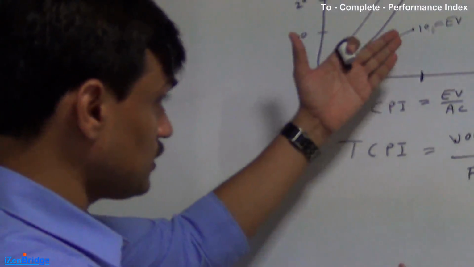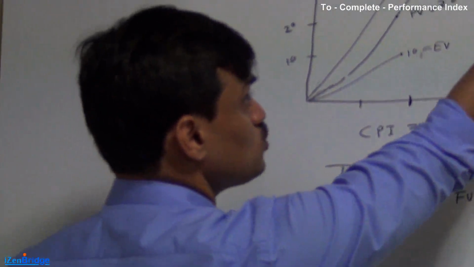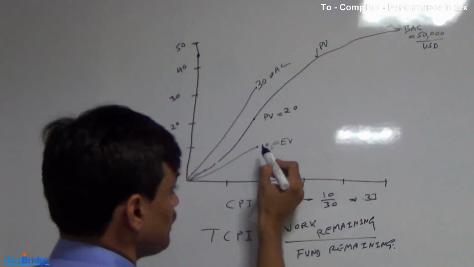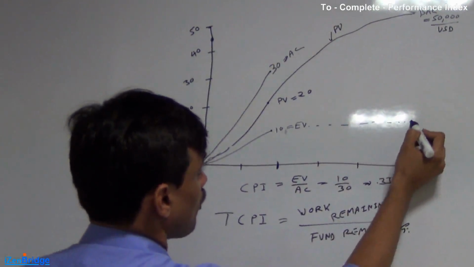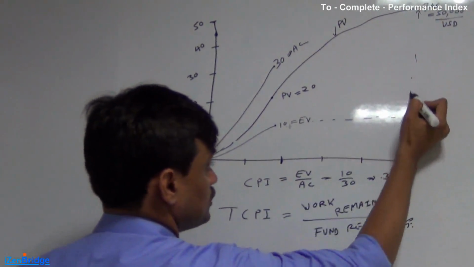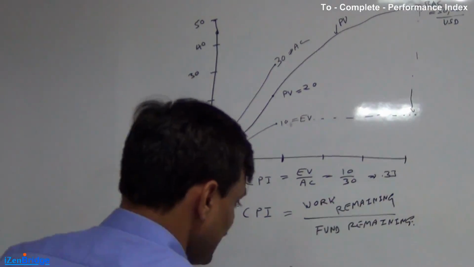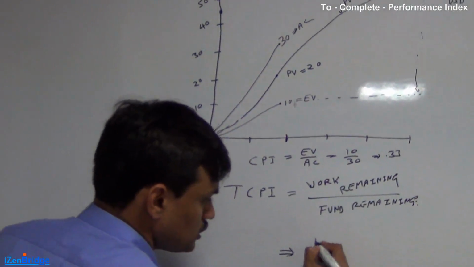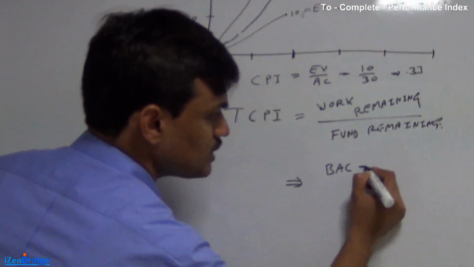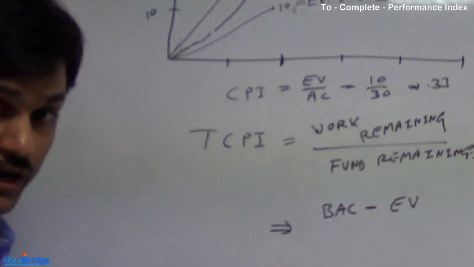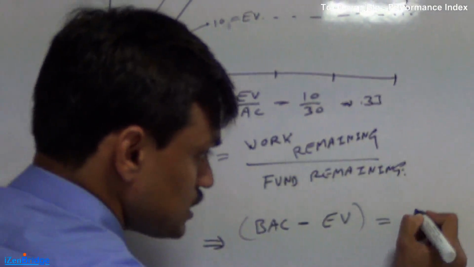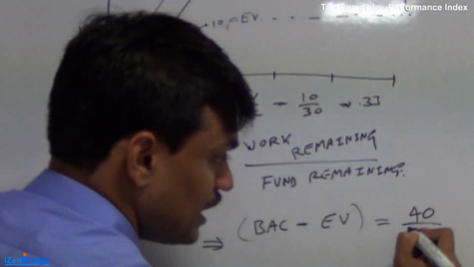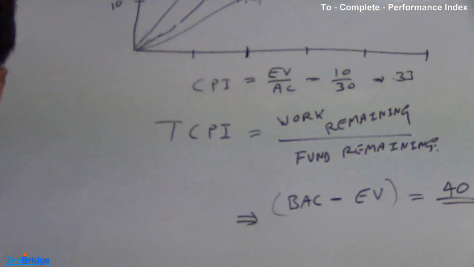If I look at this chart, I need to do the work of 50 and I have done the work of 10. So the work remaining is obviously the difference between these two. And that is what the formula talks about: the budget at completion minus what you have finished, earned value. So in our case, we have work remaining of $40,000.